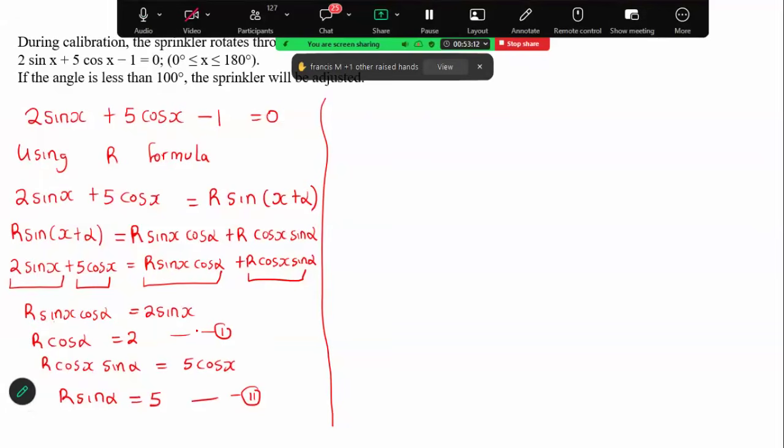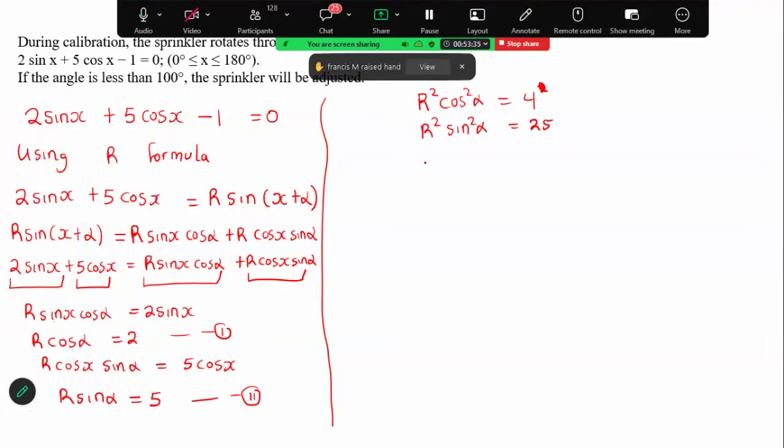So from our equations 1 and 2, we can now square them. When you square those two, you get r squared cos squared alpha is equal to 4, and also r squared sine squared of alpha equals 5 squared, which is 25.